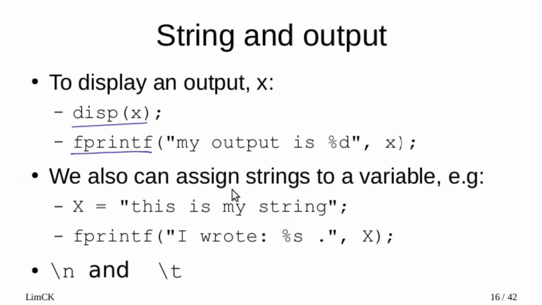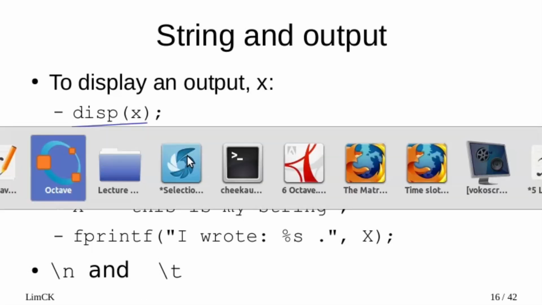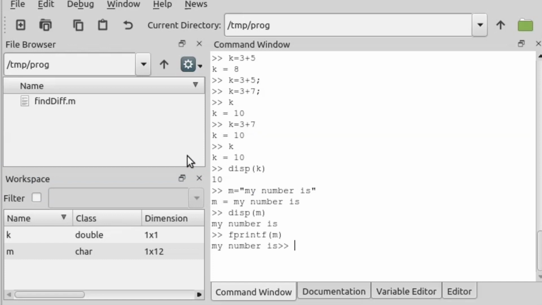But the thing that makes fprintf powerful is we can do a lot of formatting with it. If you have learned C++ or Java, you should be quite familiar with this. For example, I type fprintf, and I can type anything.